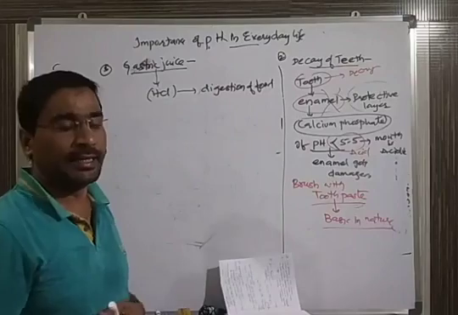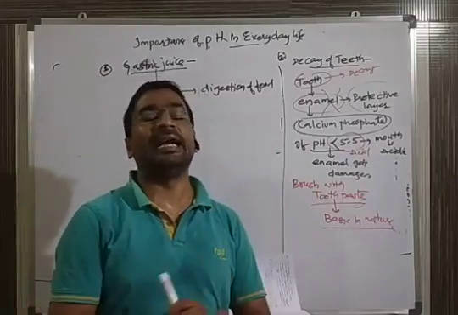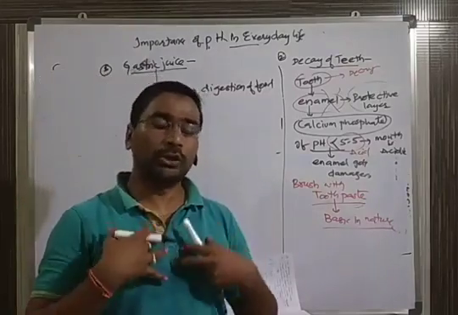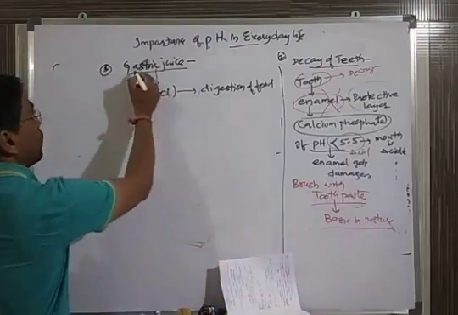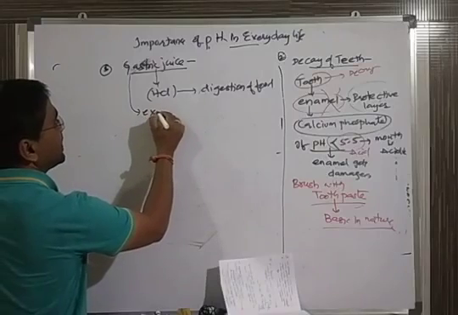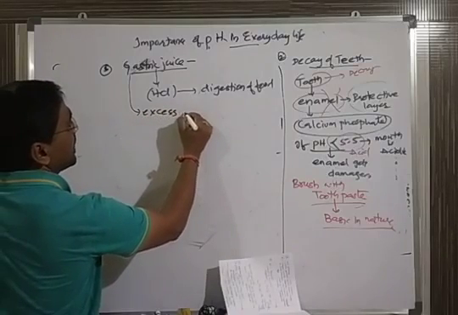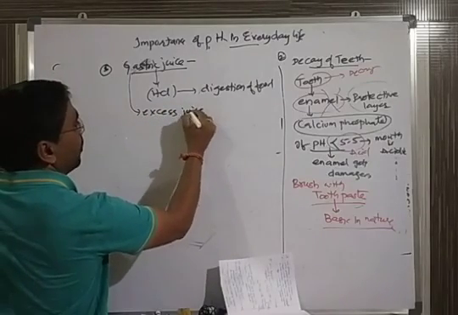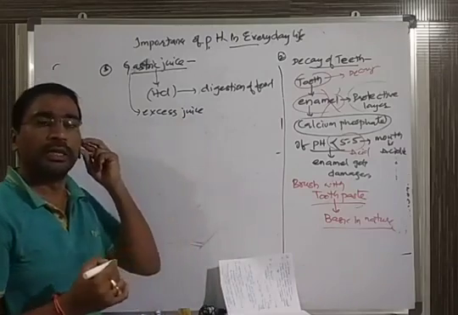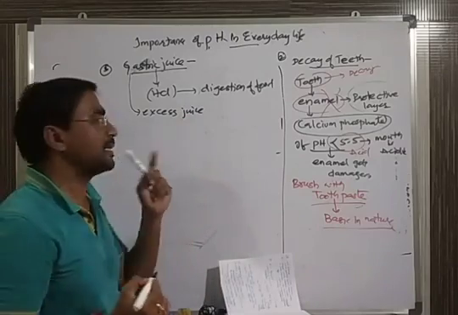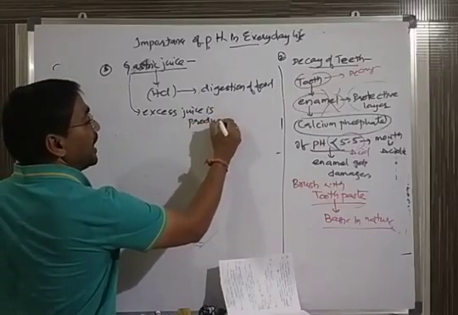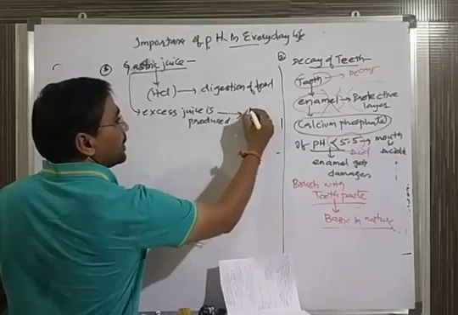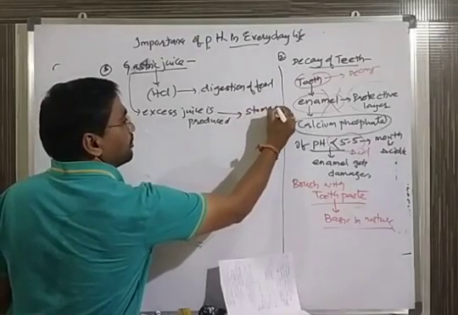But unfortunately, due to different environmental conditions or due to our body physiology, sometimes excess acid is produced. Excess gastric juice is produced in our body. If more is produced than required, the stomach becomes acidic.